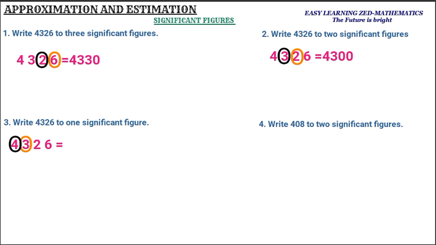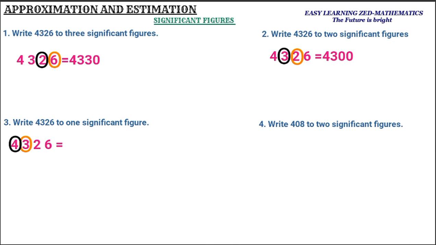So let's come to the number that is going to be changed. Now here, as you can see, I'm not going to write any number in advance because there is no number on the left side of 4. After doing the process, that's when I'll write the number.